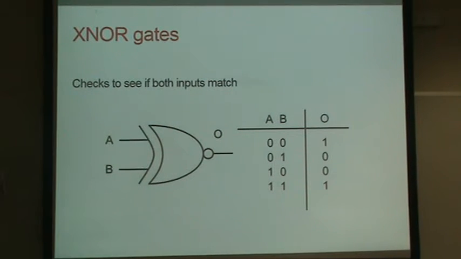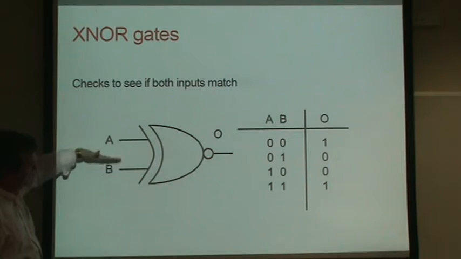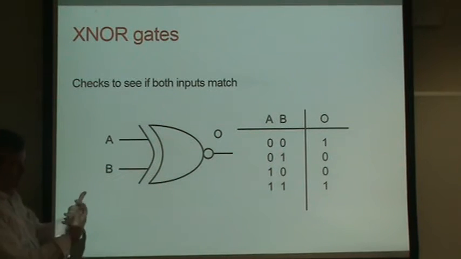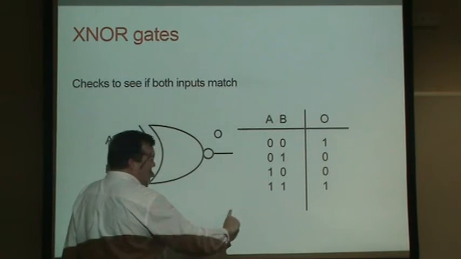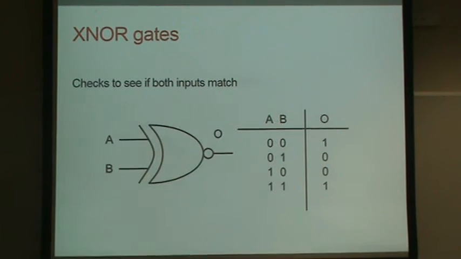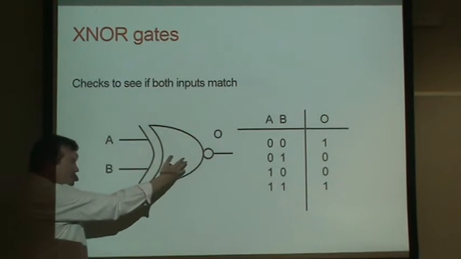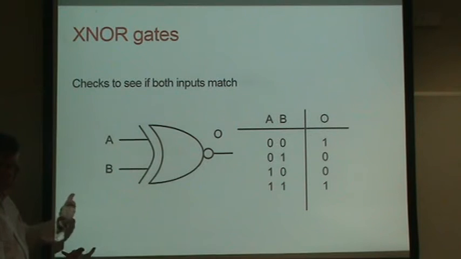So if you had two 32-bit numbers, and you put every pair of bits on these gates, if the two 32-bit numbers matched exactly, you would have 32 wires coming out that all turned on. You could use as many of these as you need to take two registers of numbers and see if the numbers match exactly.